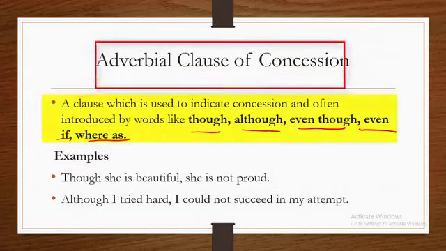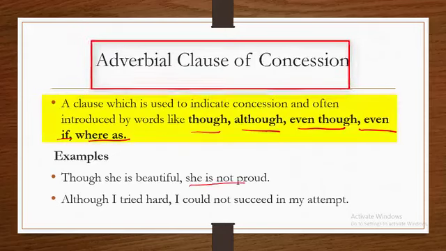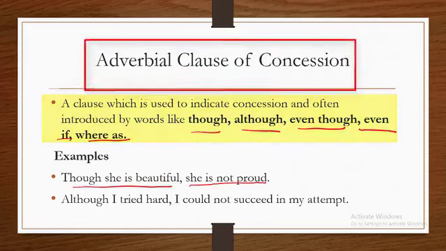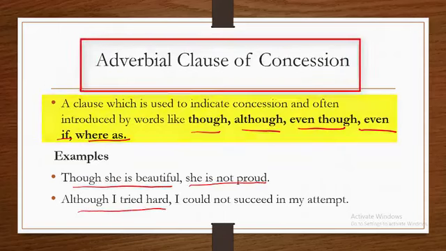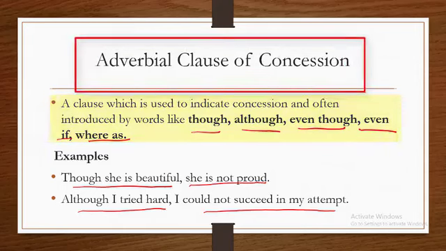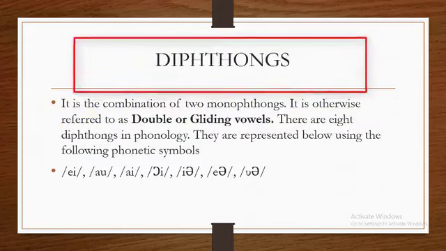For instance, though she's beautiful, she is not proud. So I can say she's not proud, okay, that makes some sense. But I can't say only though she is beautiful. Although I tried hard, I could not succeed in my attempt. So those are examples of adverbial clause of concession.